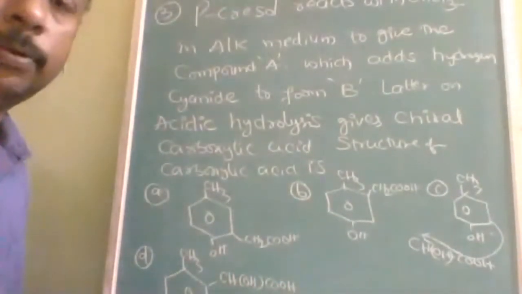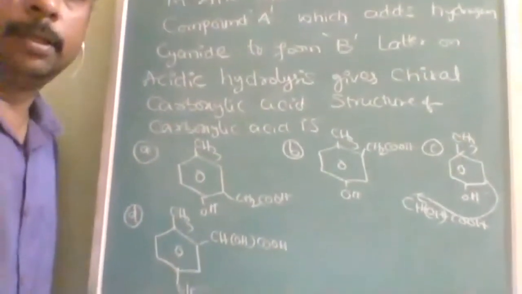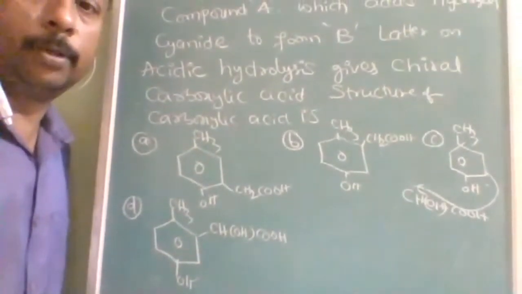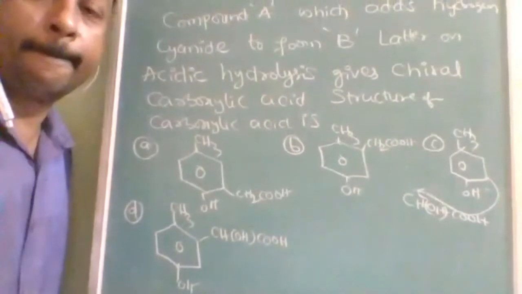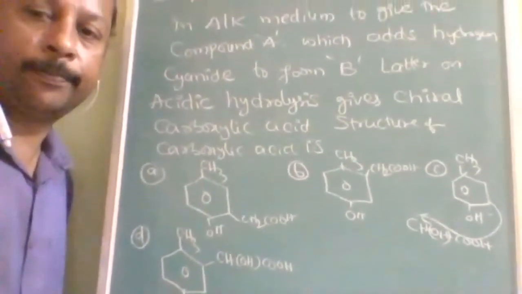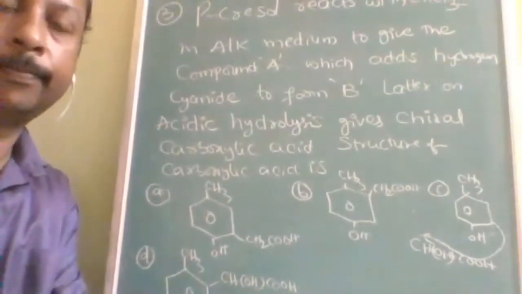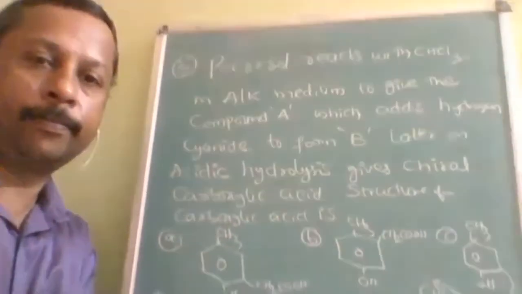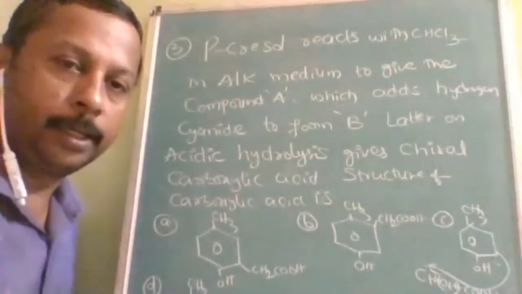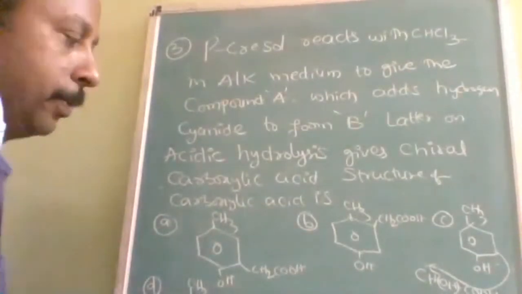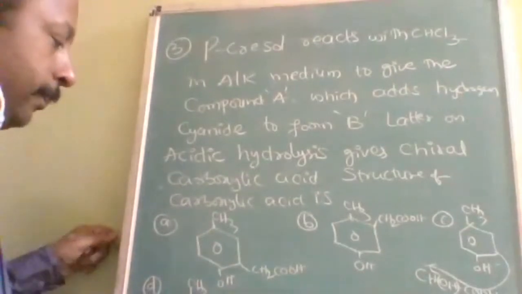So these are the four options, and all four must be visible to you. Now you can give a try and send the answer to me, or pause it and check it.